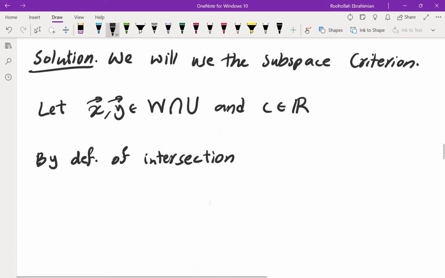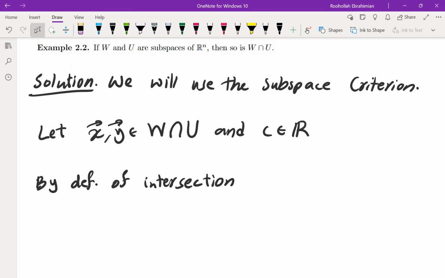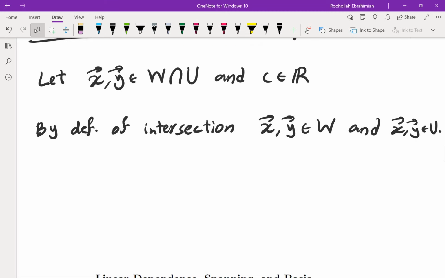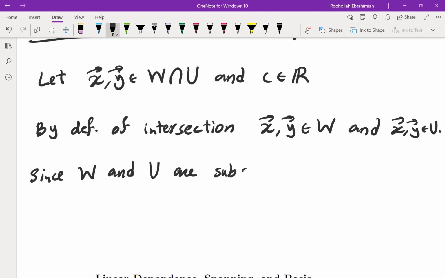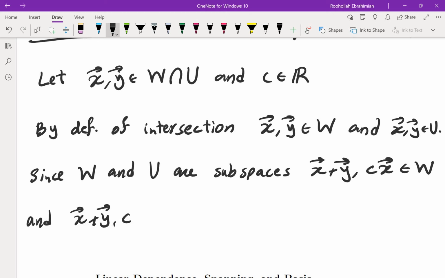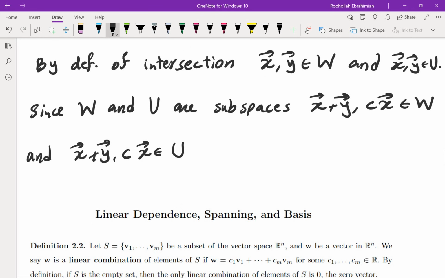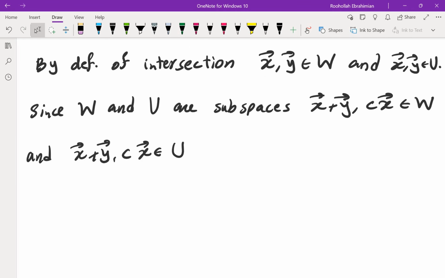So let's look at this example. x and y are in the intersection. By definition of intersection, x and y are both in W, and x and y are both in U. But we know that U and W are subspaces. So since W and U are subspaces, x plus y and cx are both in W, and x plus y and cx are both in U, because we know that subspaces are closed under addition and scalar multiplication.